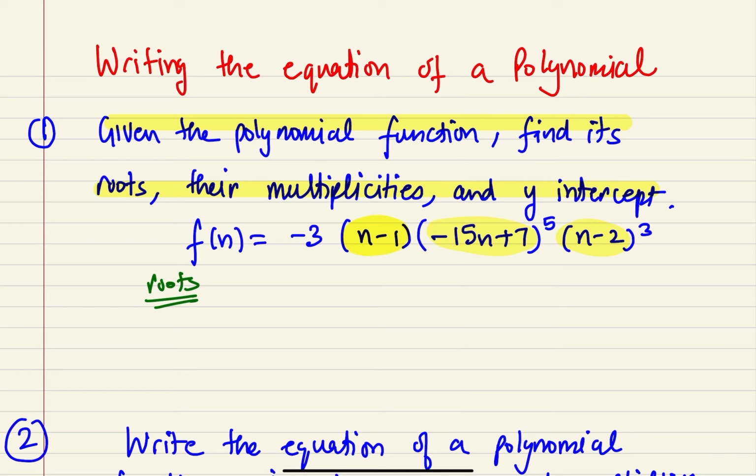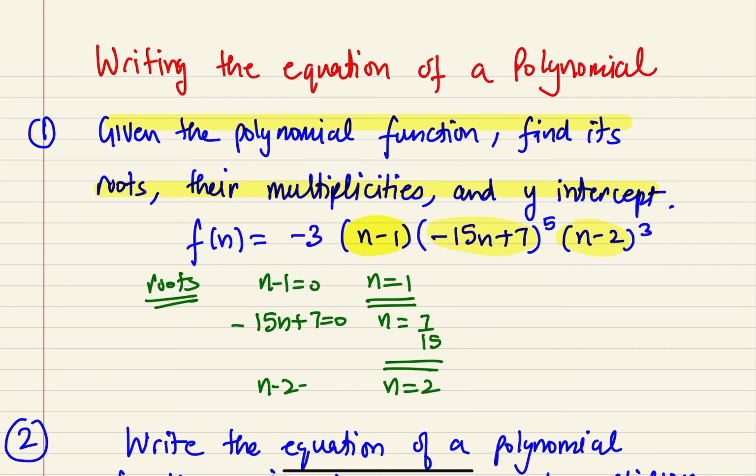If I set n minus 1 equal to 0, n equals 1 will be a root. If I set negative 15n plus 7 equal to 0 and solve for n, it would be negative 15n equals negative 7, and n would be equal to 7 over 15.